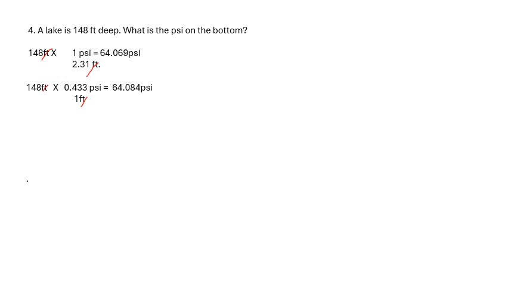And when you multiply by the 0.433 PSI, you get an answer of 64.084 PSI. Of course, when you round these down, the 9 changes, the 6 goes to a 1 and the 8 goes to a 1. You end up with the same answer, 64.1 PSI, just slight variations before rounding.